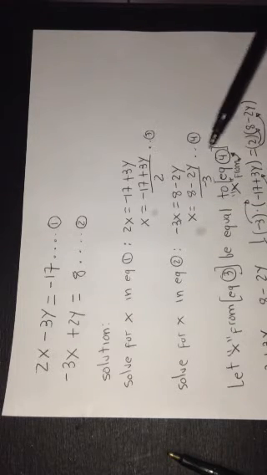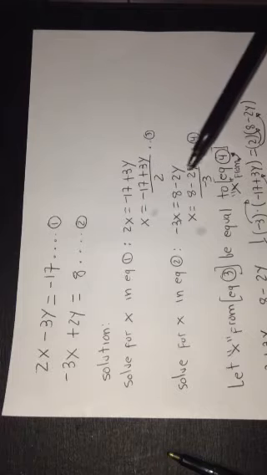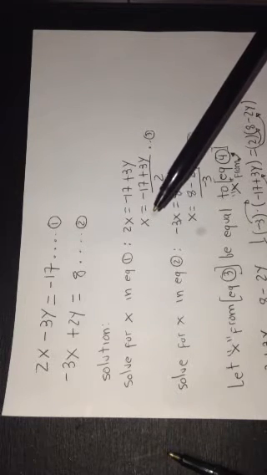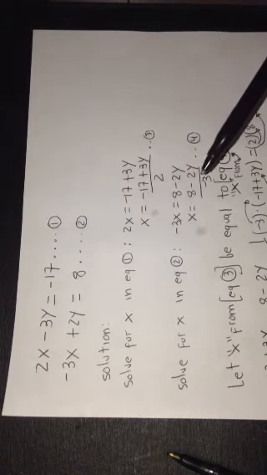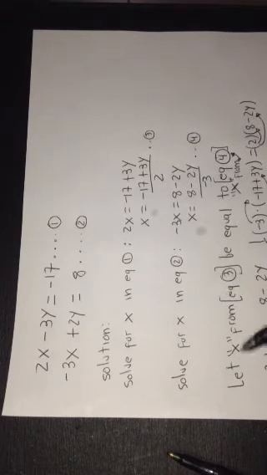Clearly these two equations must be equal to each other. The reason is that both expressions are equal to x. And this is non-negotiable. These two things must be equal to each other. So what I do here is let the value of x from equation number 3 be equal to the value of x from equation number 4.